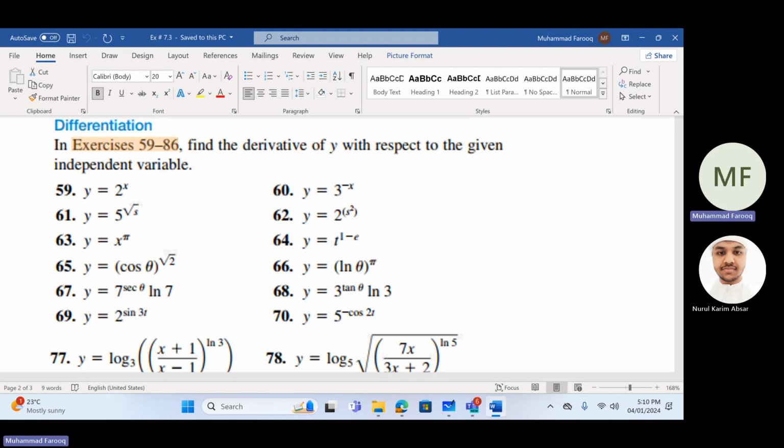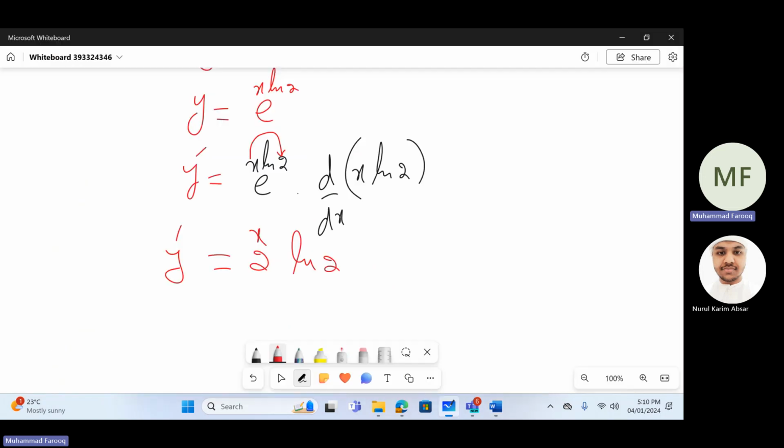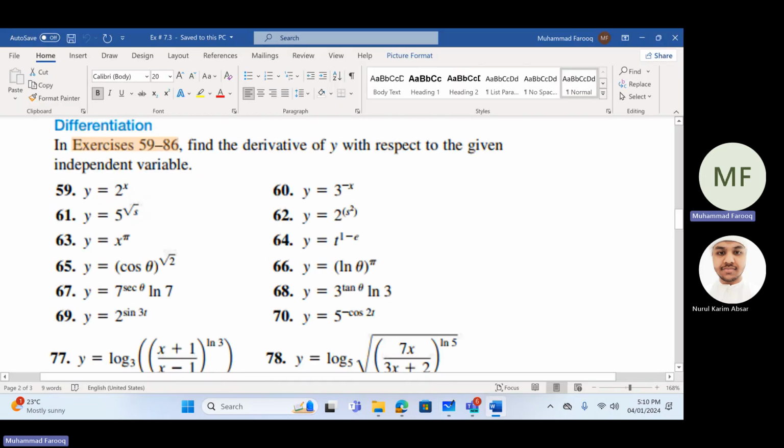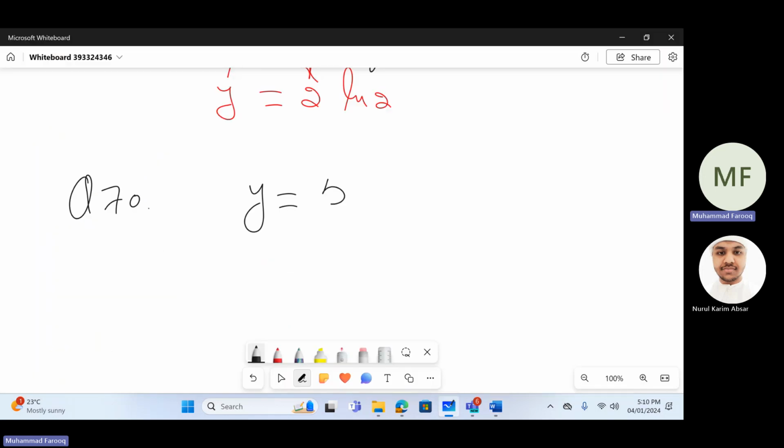Question 70: y is equal to 5 to the power minus cosine 2t. Is that 5 to the power minus cosine 2t? Please, I need y prime.